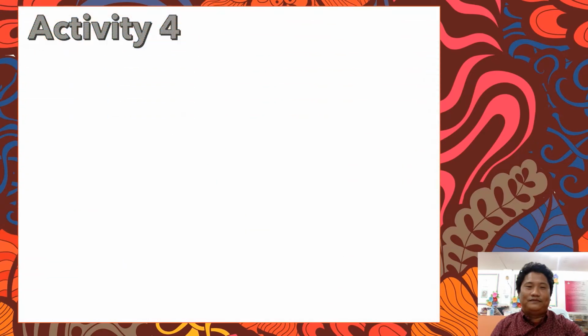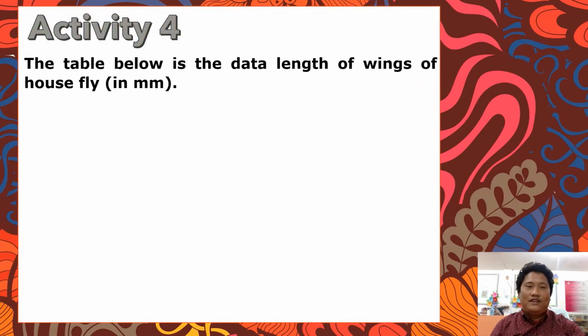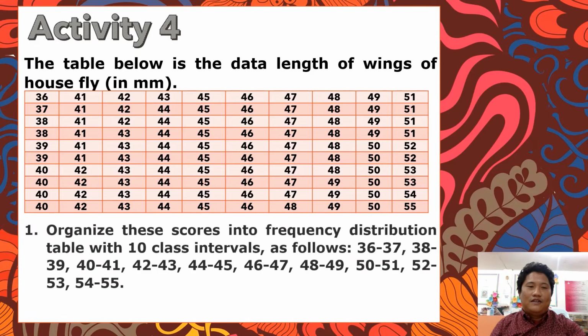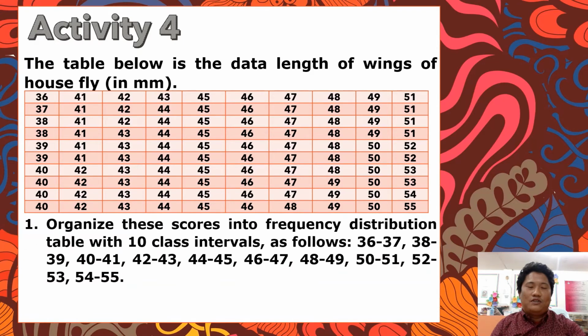Let's move on to our fourth activity. In this activity, we have here a table about the length of the wings of our housefly. So it's common to us having houseflies. So we have here the length of their wings. For our activity, first you need to organize this data into a frequency distribution table with 10 class intervals.